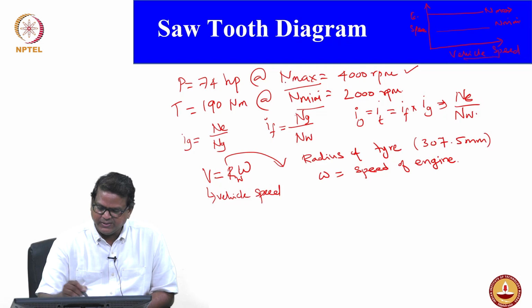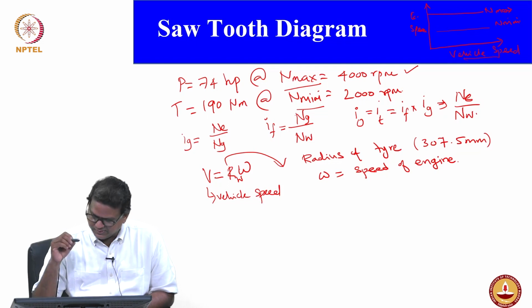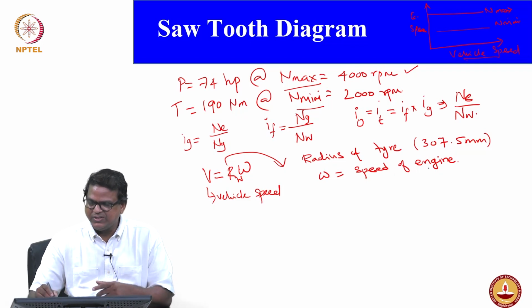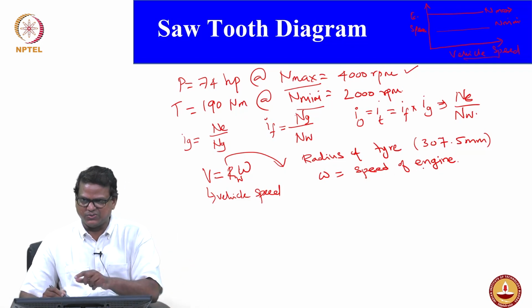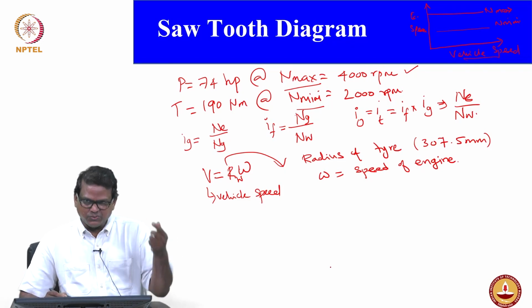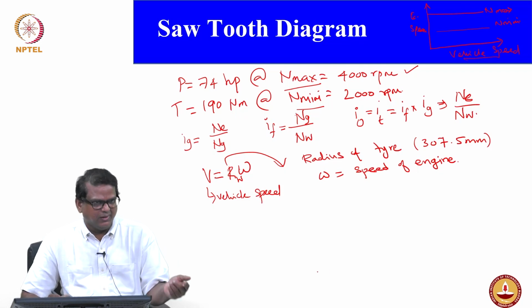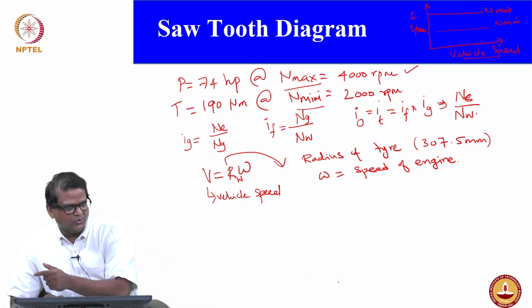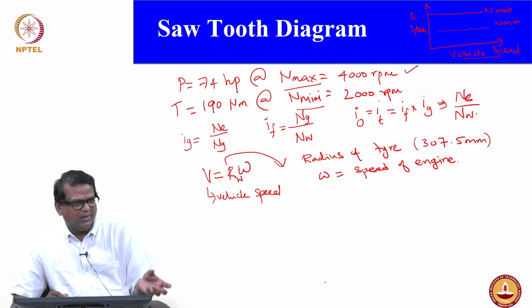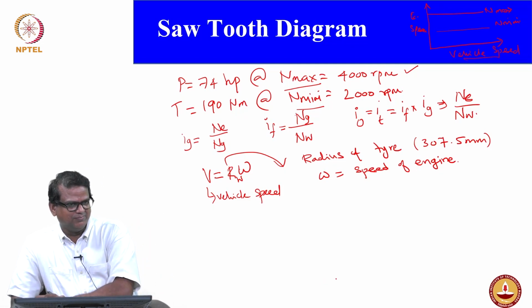So, you know N max is 4000, N minimum is 2000 RPM, and we know the RW of the tire is 307.5, and speed is going to be changeable with respect to gear also. Because the engine speed is already fixed, with the gear ratio only, the vehicle speed will change. So, we need to find out the engine speed and gear speed, and with that how to get the vehicle speed.